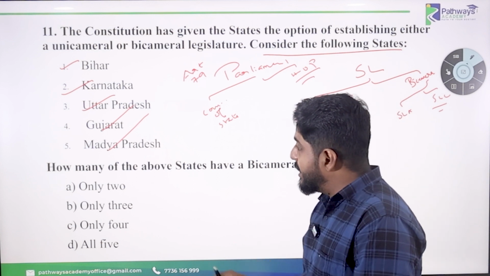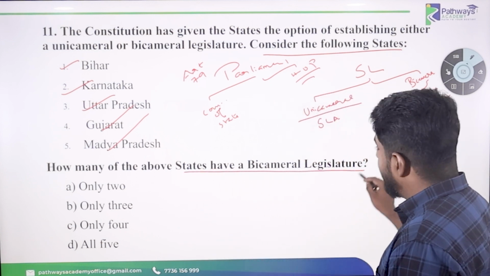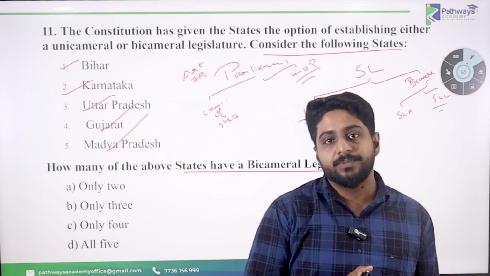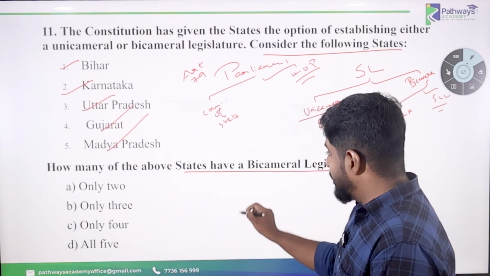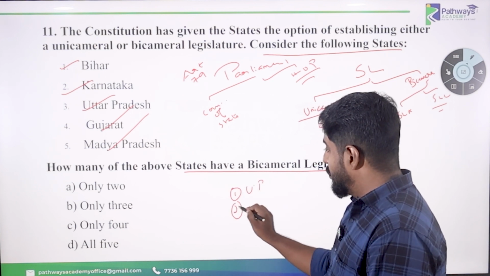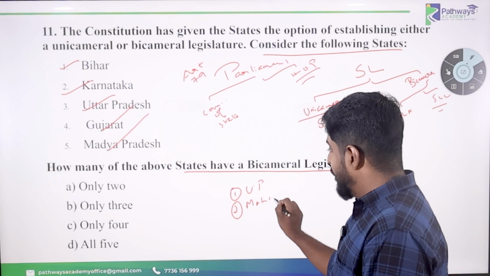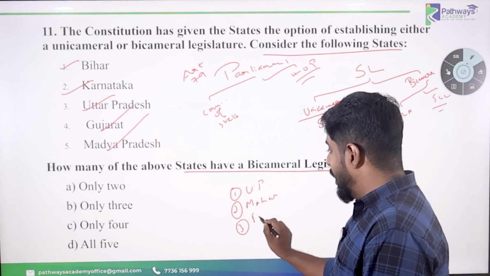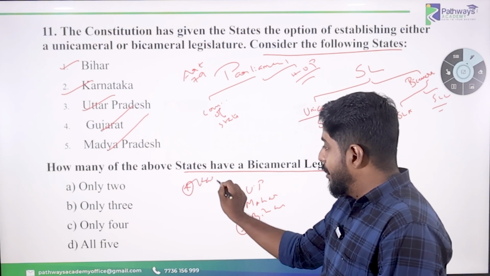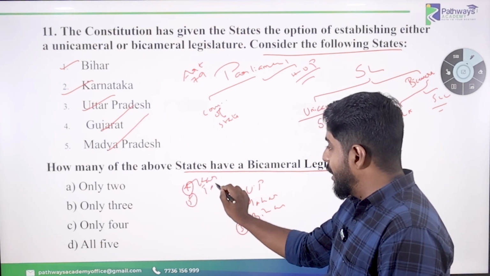So, the question is, how many of the above states have a bicameral legislature? Sir, there are 6 states in India which have a bicameral legislature. Number 1, UP. Number 2, Maharashtra. Number 3, Bihar. 4, Karnataka. 5, Telangana.